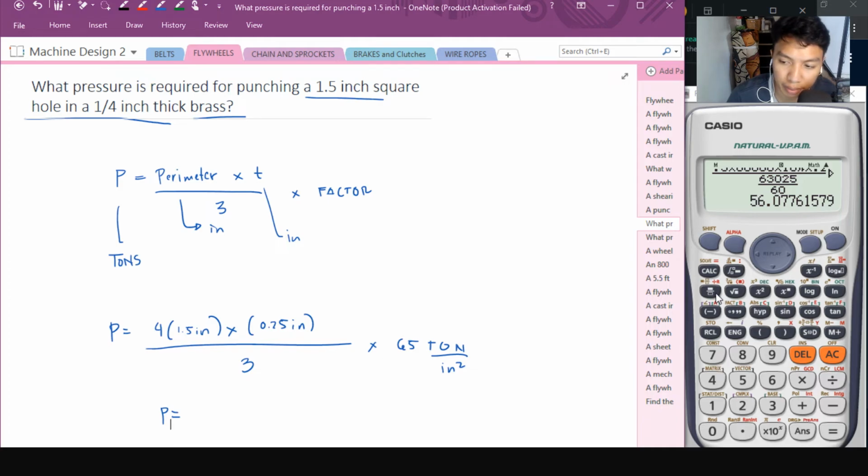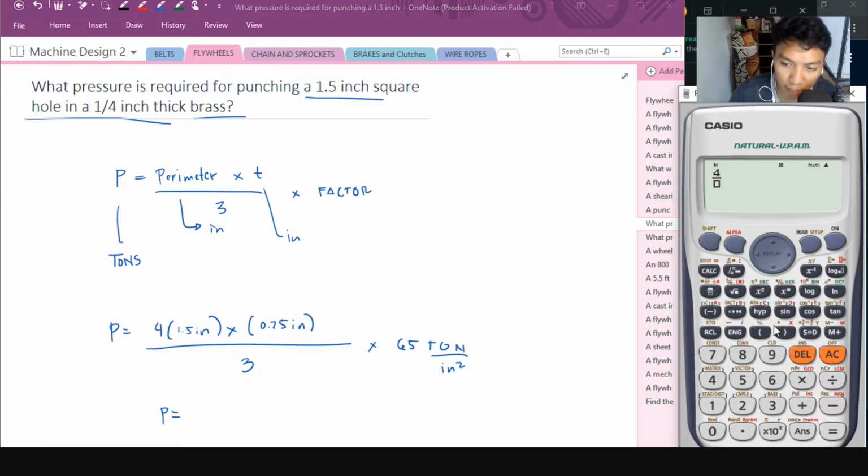Calculate the value. So, that is 4 times 1.5 times 0.25. Divide mo ng 3. And then multiply it with 65. So, the answer is 32.5 tons.